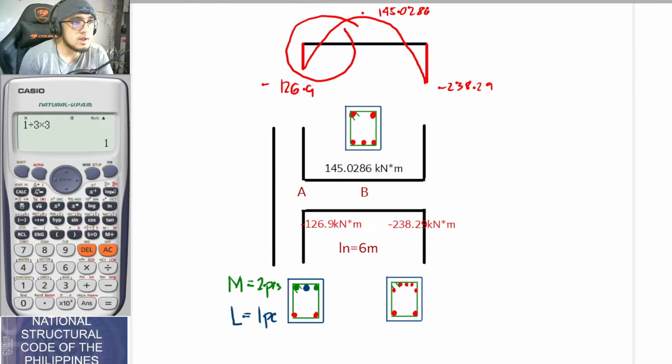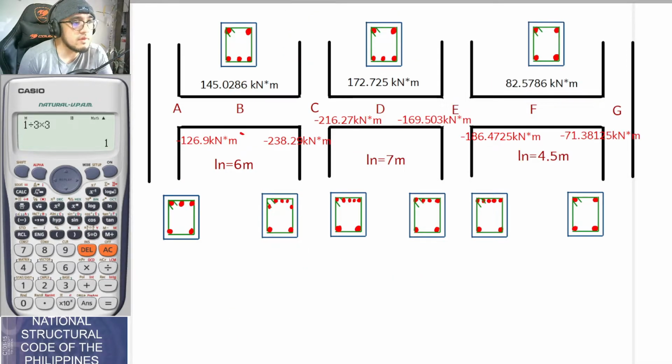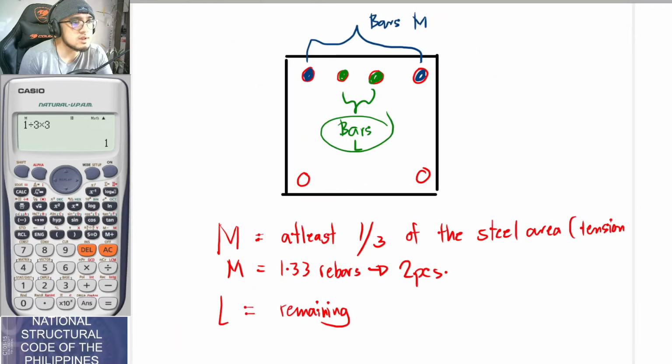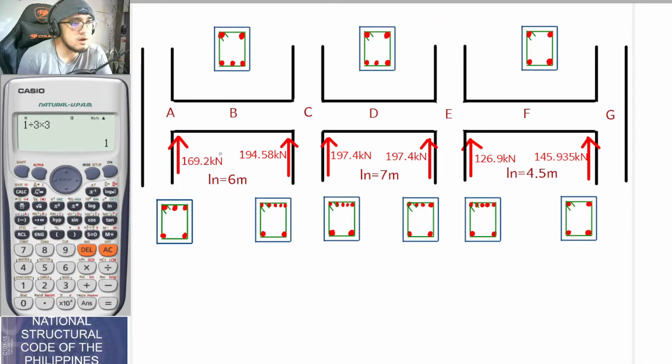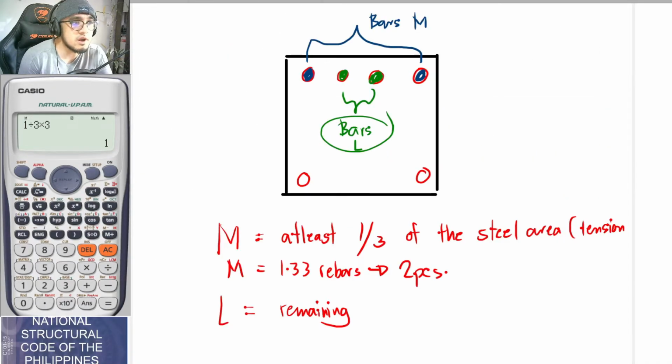Aside from this one having its moments, of course, it would also have its vertical reaction. There is a vertical reaction in that part too, not only moment. Its vertical reaction is given by this shear, 169.2. This is its reaction, and this reaction here was already solved before, which is for your shear.